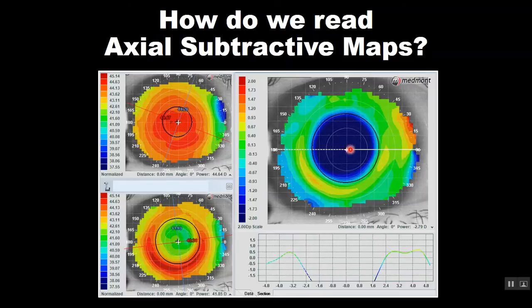Then on the subtractive side, you get your subtraction or your difference or your comparison map. So we're comparing all 15,000 points of data subtracted from your post-treatment to give you the difference. Wherever you see blue, you flatten the cornea out. You've reduced the myopia. Wherever you see hot colors, you've steepened the cornea up.